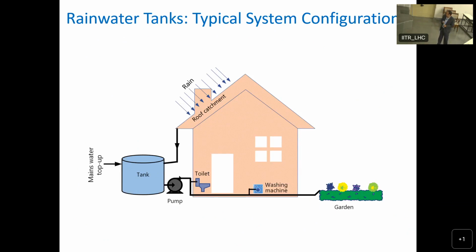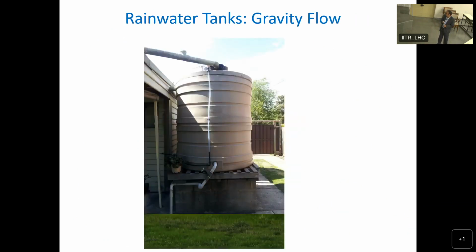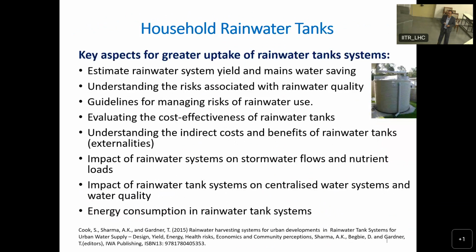There is one example which you can see over here. Basically, it is on a raised platform, but it is only being used for garden water, where the elevation is sufficient to create some gravitational force to flow that water. Any questions so far?